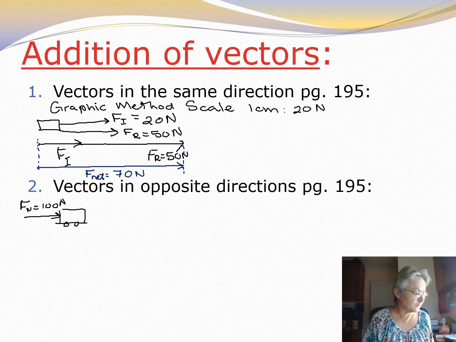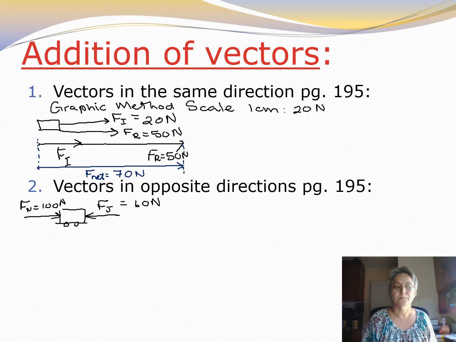Then her friend Jody pushes against the trolley in the opposite direction with a force of 60 newtons. So the force of Jody is 60 newtons to the left.